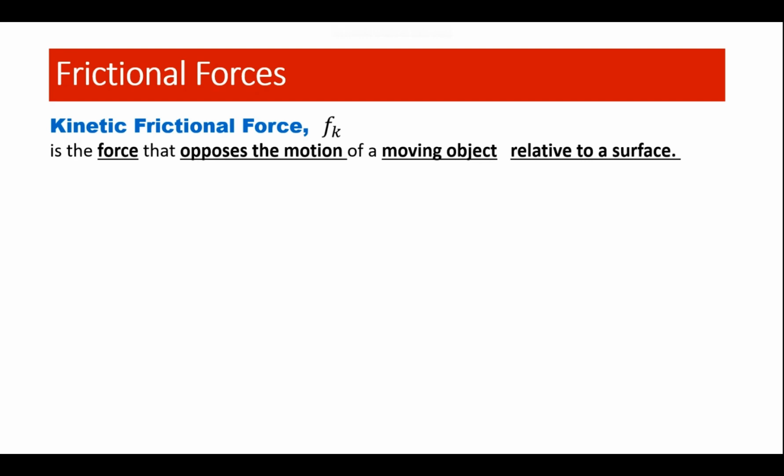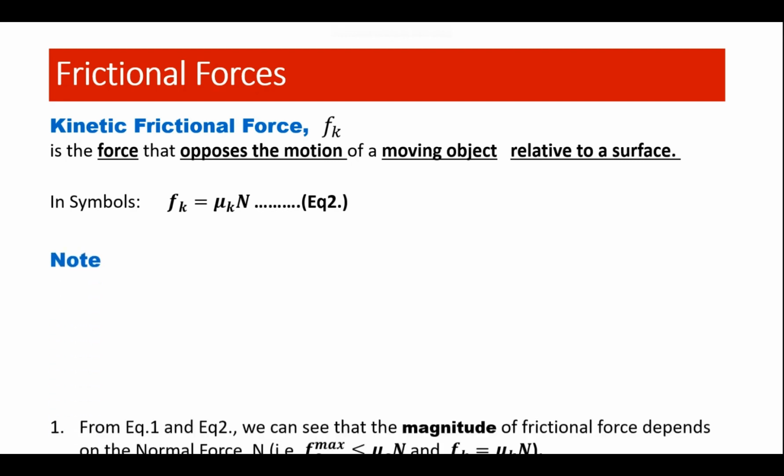Again, the reminder is take note of the underlined words because they are important in the definition of kinetic frictional force. And in symbols, Fk equals mu k times N.